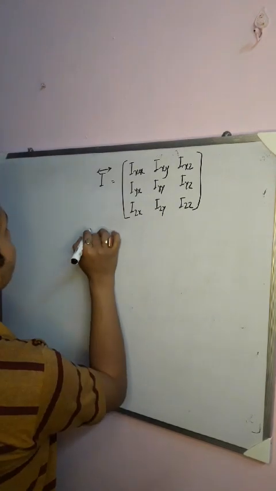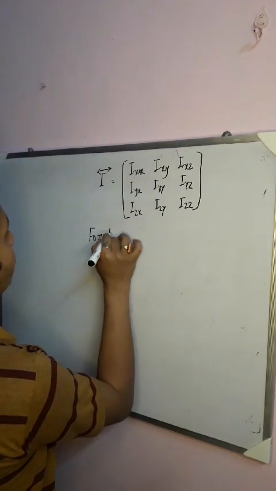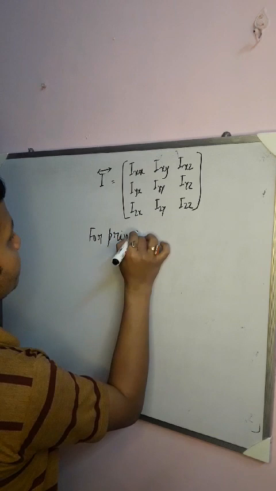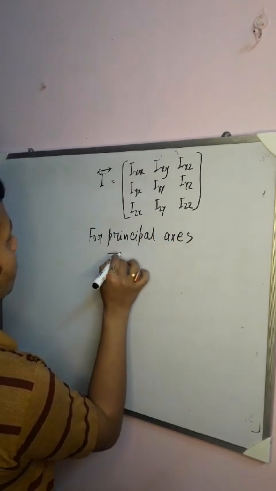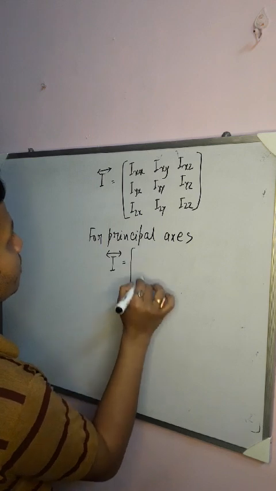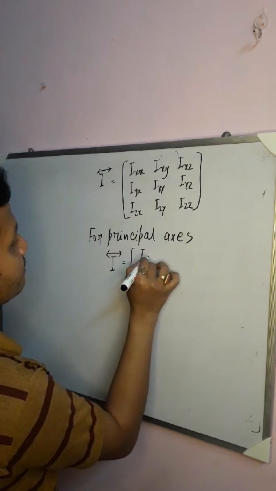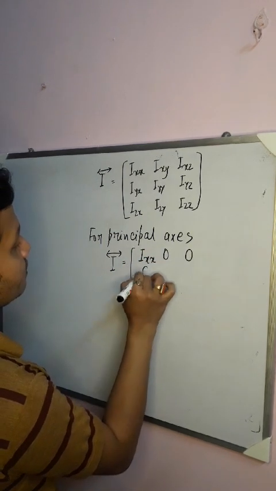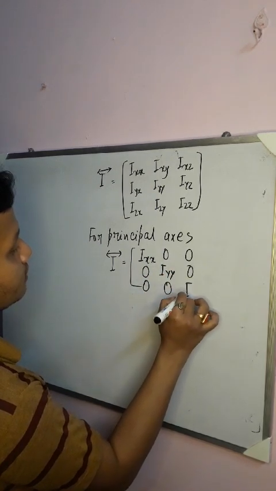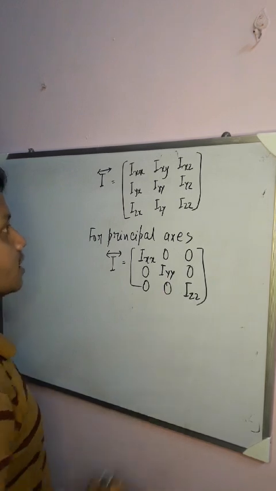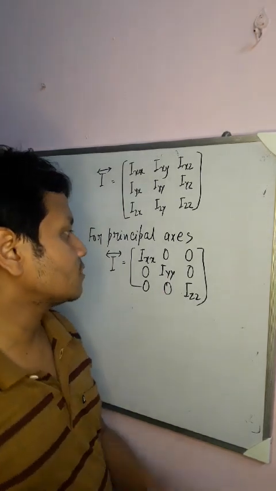Now for the principal axes, what would I become? The product terms all vanish. That means the expression becomes Ixx 0 0, 0 Iyy 0, 0 0 Izz. So under these circumstances this relation holds good.